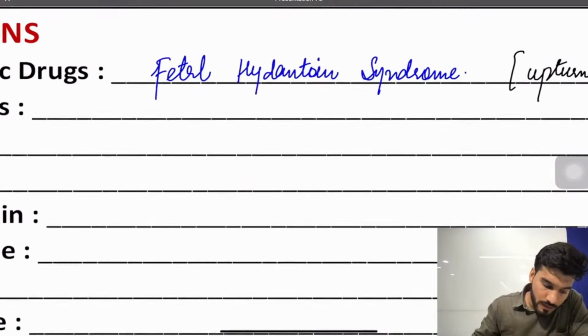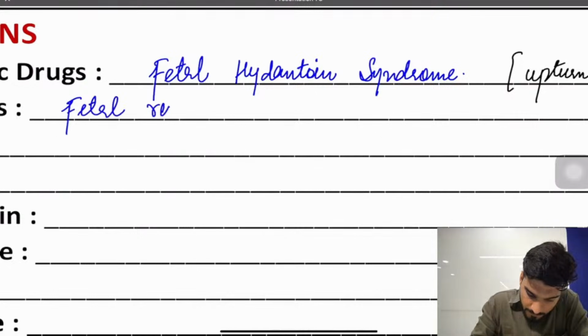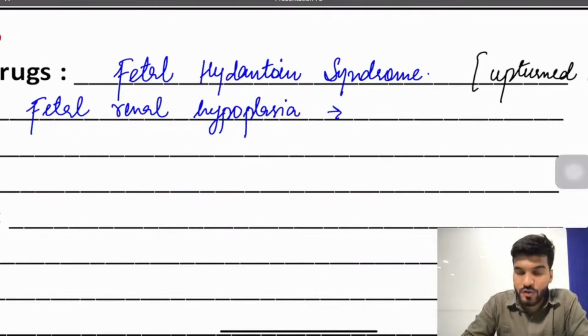Now sir, what are the side effects of this drug? They will cause fetal renal hypoplasia. When they cause fetal renal hypoplasia, there is decreased blood supply to the kidneys.